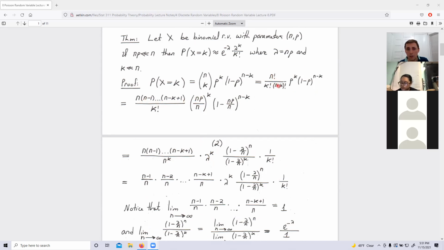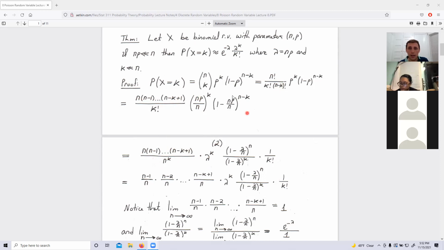I take n factorial over n minus k factorial. First of all, I get rid of the n minus k factorial, and I just write it as n times n minus 1 all the way to n minus k plus 1. So the n minus k factorial was simplified. Next, this is lambda, and this is n, right? So I have lambda to the k divided by n to the k, and I move the n to the k below this line.